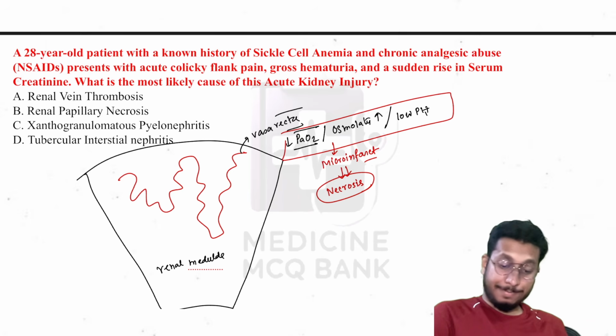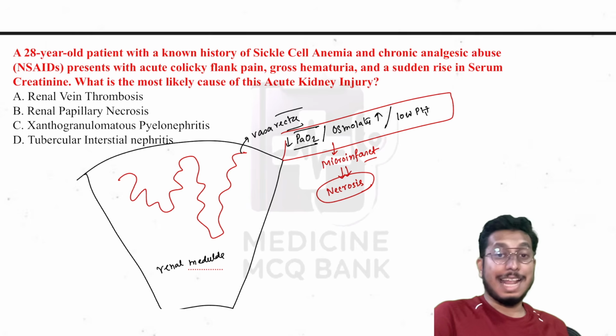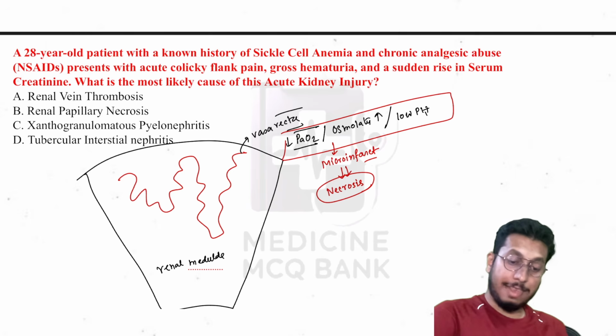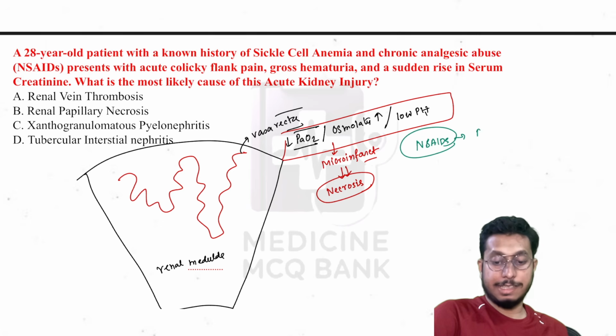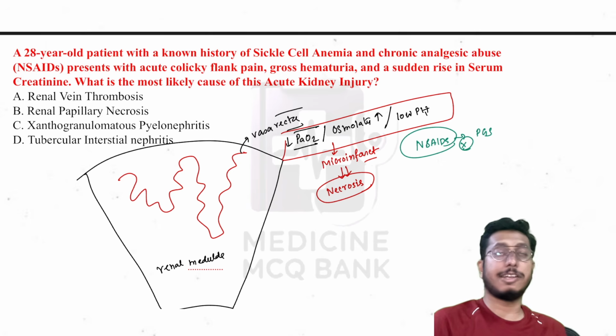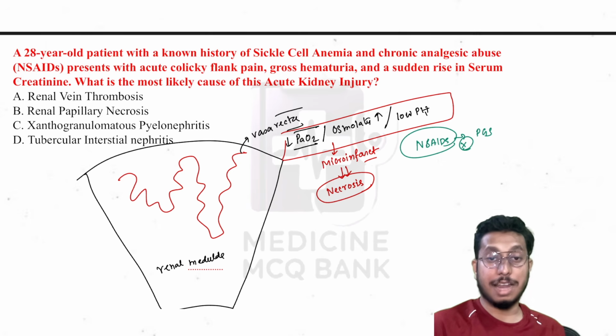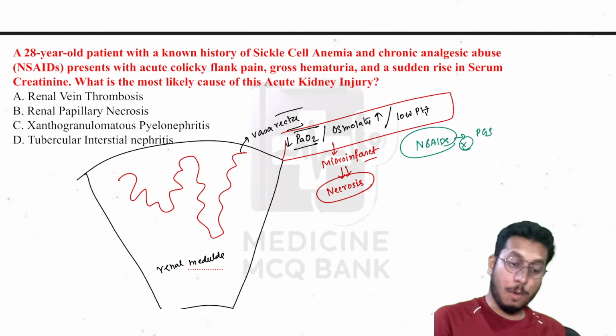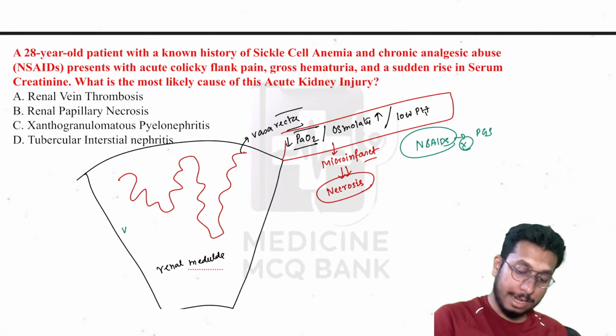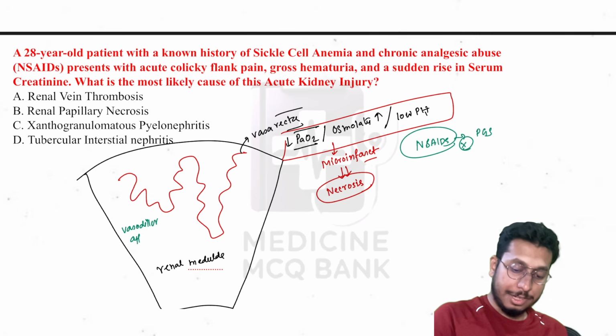Now, moreover, the person is taking analgesics, particularly NSAIDs. NSAIDs inhibit prostaglandin synthesis. What does prostaglandin usually do at the level of the afferent and efferent arterioles? It is a potent vasodilator at the afferent arteriolar end.